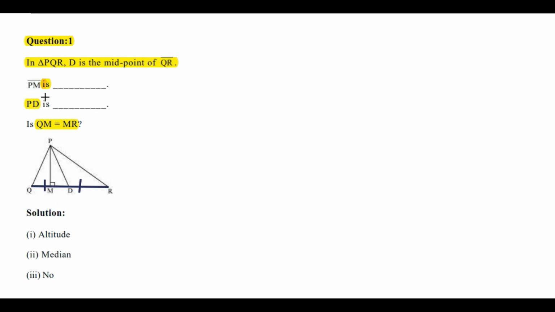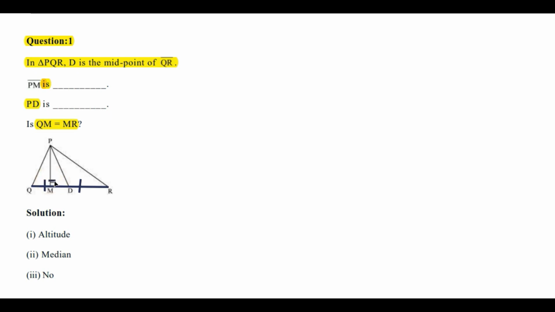Now they were asking, if D is the midpoint, then what is PM and what is PD? First we are going to solve PM. At PM, here we have a little box.